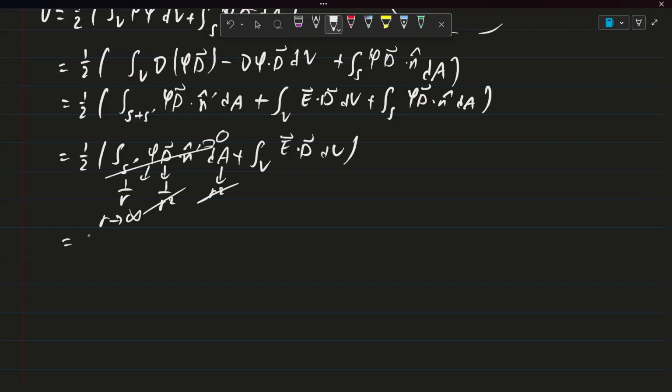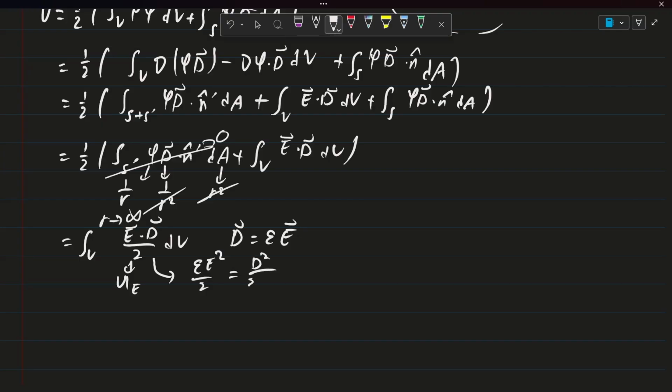Therefore, you can simplify this into the integral of the volume of E vector dot D vector over 2 dV. And this is what we call the energy density from the electrostatic field. So you could also rewrite this, as long as it's isotropic, that when D vector is epsilon E vector, this means that your energy density would be epsilon E squared over 2, or it's the same thing as D squared over 2 epsilon.